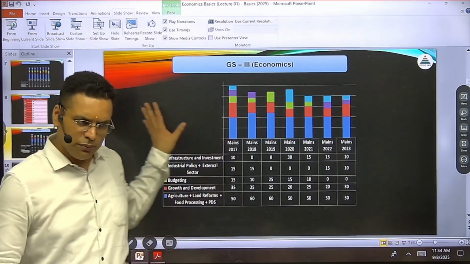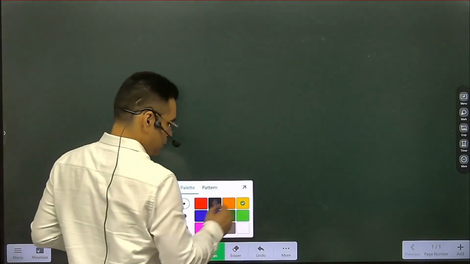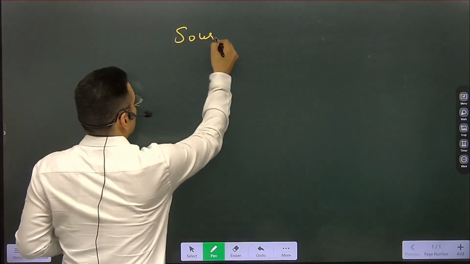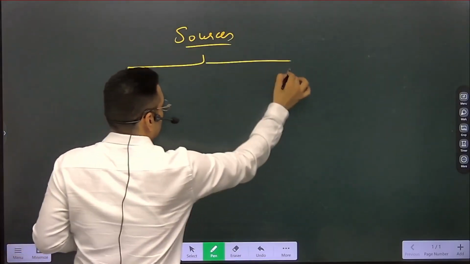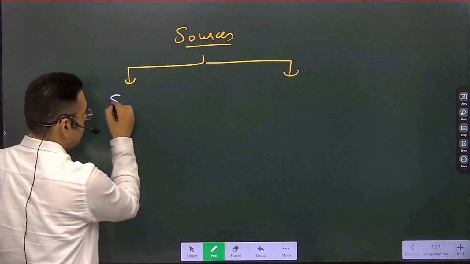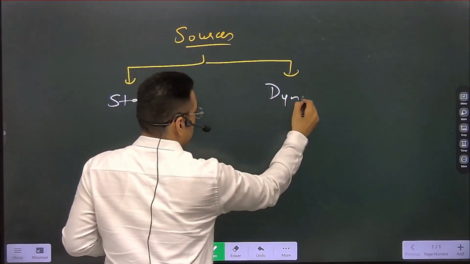Now let's talk about sources. Anything outside the source from the class. So in sources, as I mentioned, there are two parts of the syllabus. The first is the static part, and second is the dynamic part.